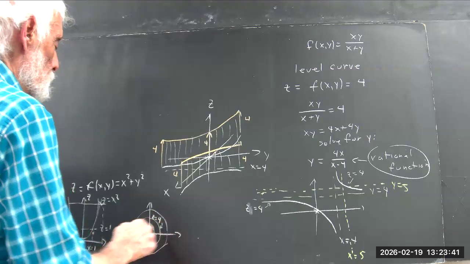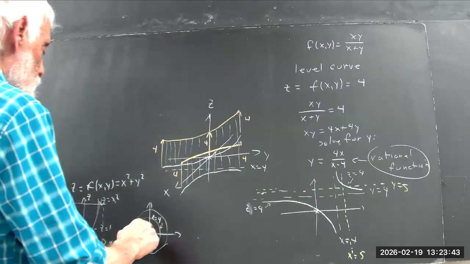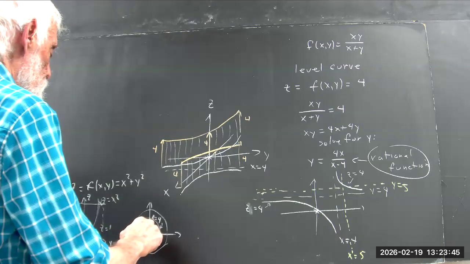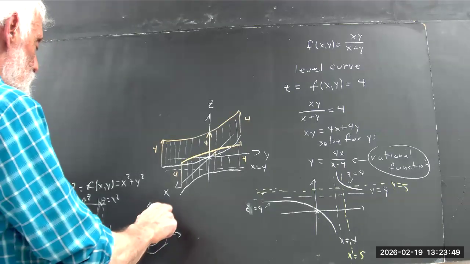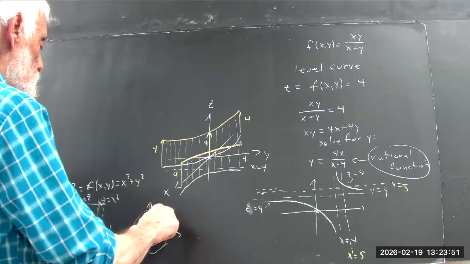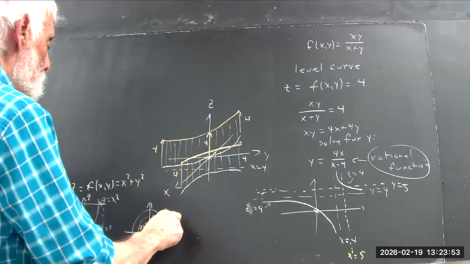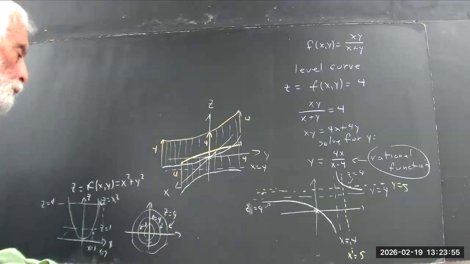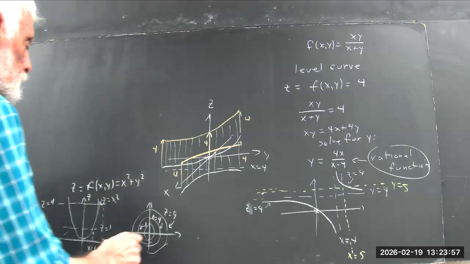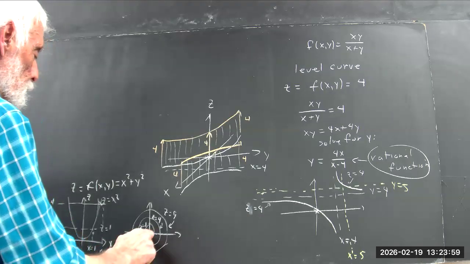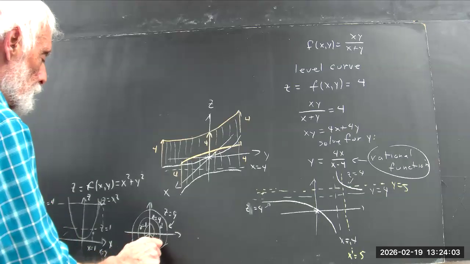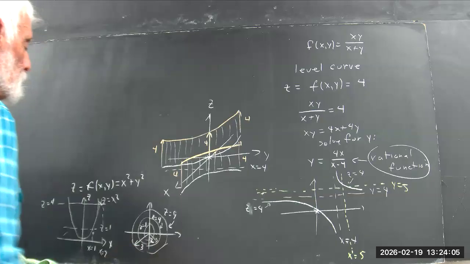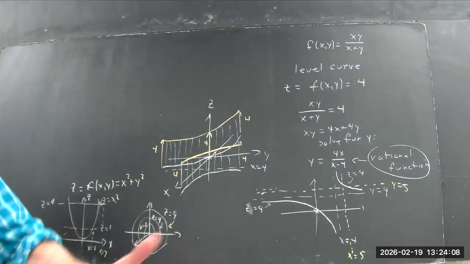This is a level curve where z equals 4. I'll go ahead and write z equals 1 here, but it's going to be illegible. And z equals 9, where the radii of these curves are 1, 2, and 3. So radius here is 3, radius here is 2, and so forth. Does that halfway make sense?